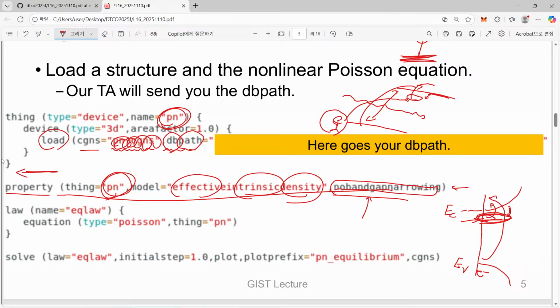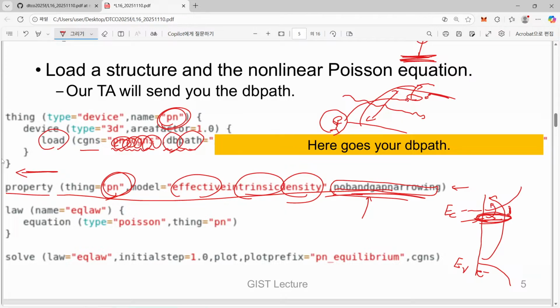For example, if you are considering a unipolar device like a MOSFET, then it is relatively less important. However, if you consider a PN junction or bipolar junction transistor, this kind of effective band gap narrowing effect is critically important. Then why did you say no band gap narrowing?